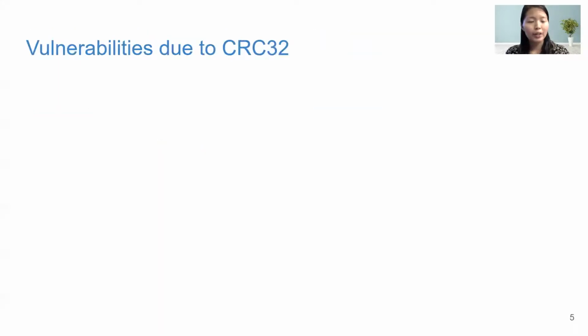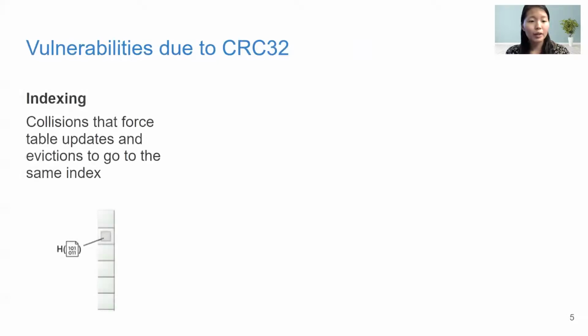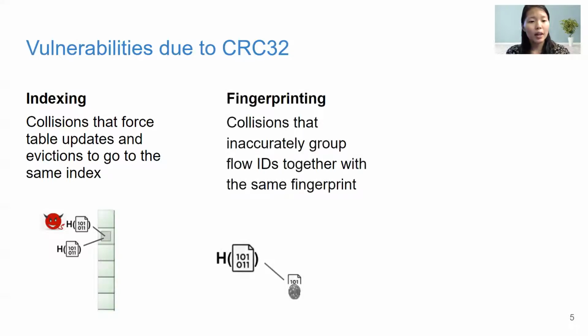CRC's weak hashing properties cause unintended behaviors and allow adversaries to exploit security loopholes. For indexing, an adversary can manipulate the CRC checksum to force table updates and evictions to go to the same index. Similarly, for fingerprinting applications, a network attacker can cause collisions that will inaccurately group flow IDs together with the same fingerprint, leading to incorrect network processing.